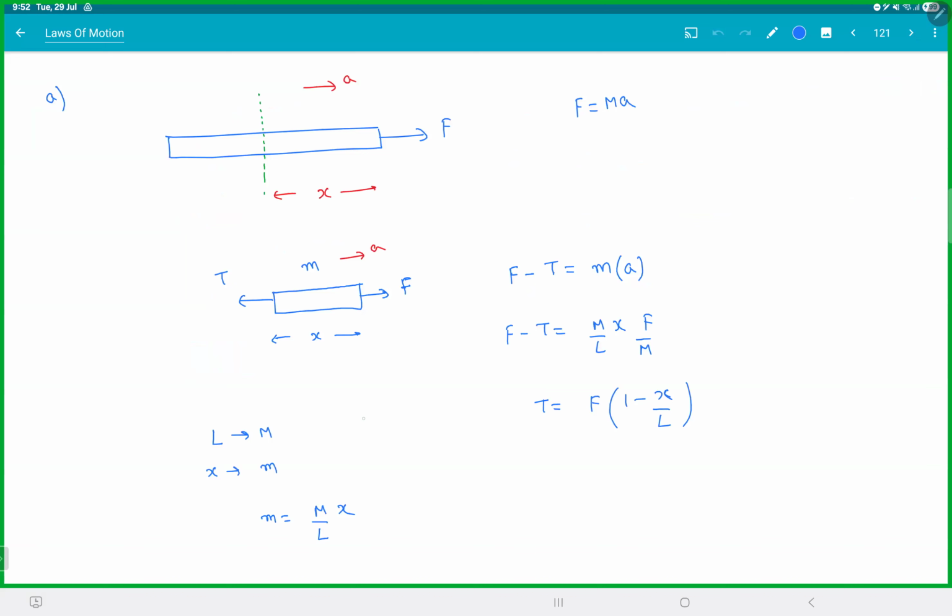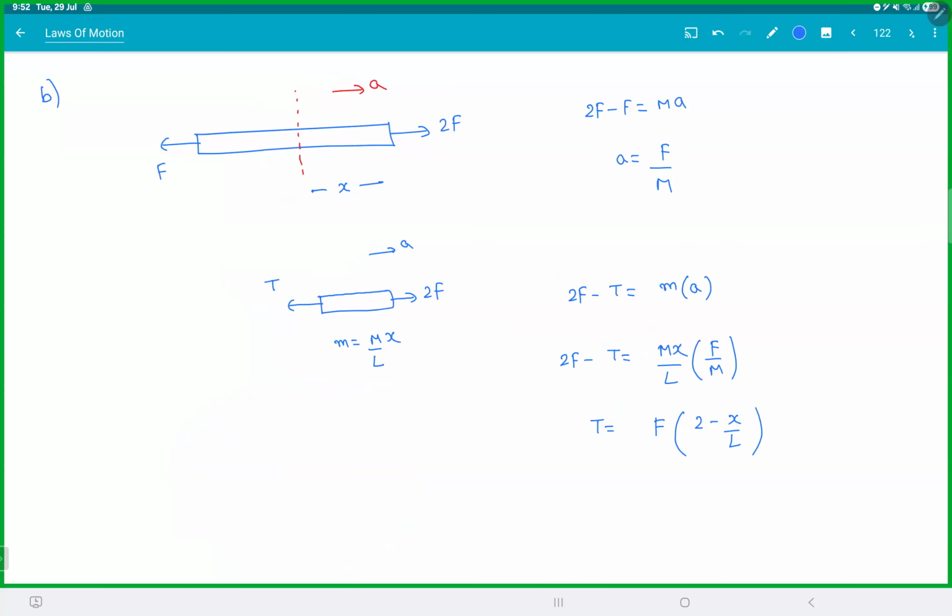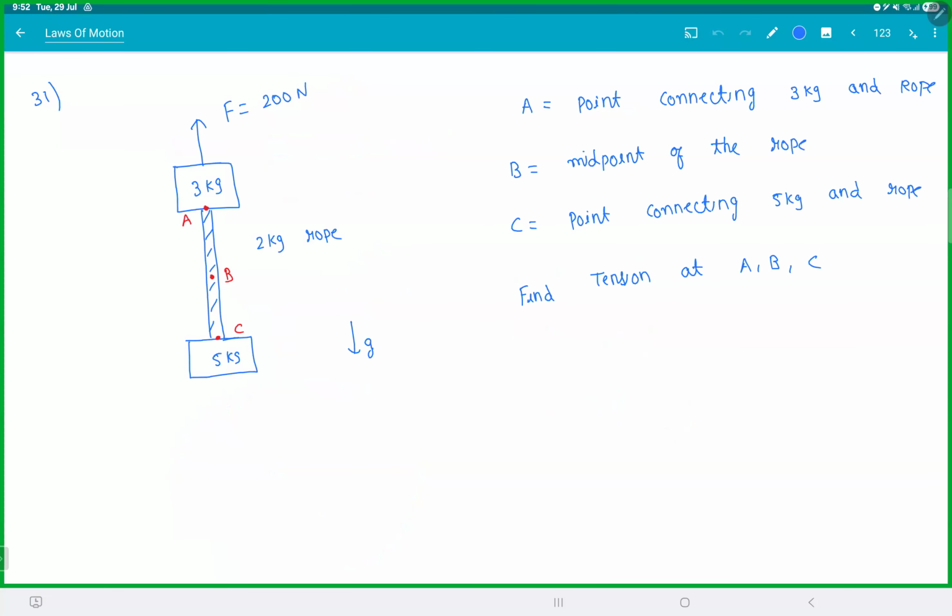I already told you, Nara, unitary method. Right, Siddesh? If the total mass is M for length L, then for small x, what is the mass? Sure? Siddesh?